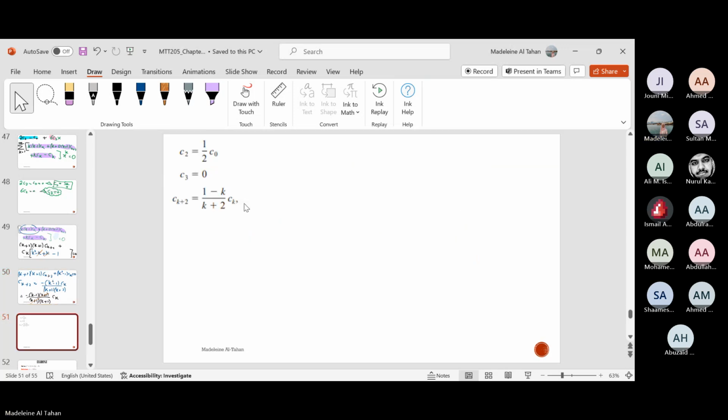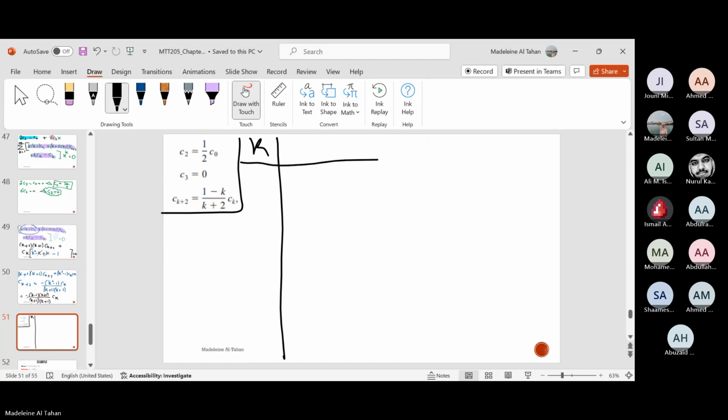Now we need to start taking values, miss, right? So we need now to complete our table. We will take here values for k. And here we will have ck. Miss, we have this one, ck plus 2. Do we take k equals 0? If we took k equals 0, then we will get C2. We have it. Do we take k equal 1?